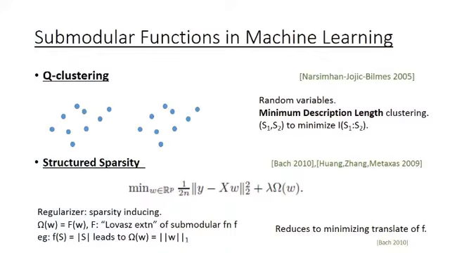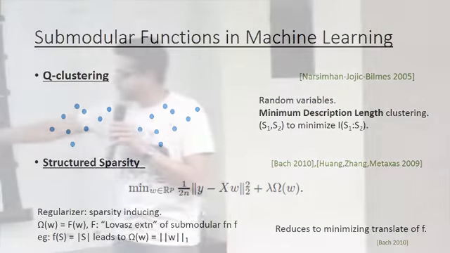But more interestingly, here's a new thing that's quite fascinating. This is a kind of problem that machine learning people want to solve. It's least squares with a regularizer term. And what is a regularizer trying to do? One property might be you want to sparsify the optimum value. There's this thing called structured sparsity, which says you would like the support to have some more properties, not just the cardinality, but say minimize a submodular function.